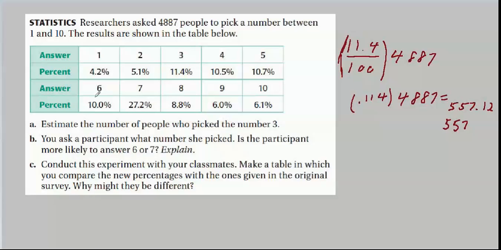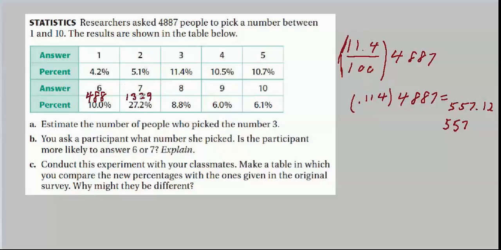For instance, this is 10%, so we could just tell right off the bat, what's 10% of this? Well, just move the decimal point over one place, and we get 4887.7. We could have just written that in there instead of 10%. They could have written in actual numbers, like I wrote in numbers here.